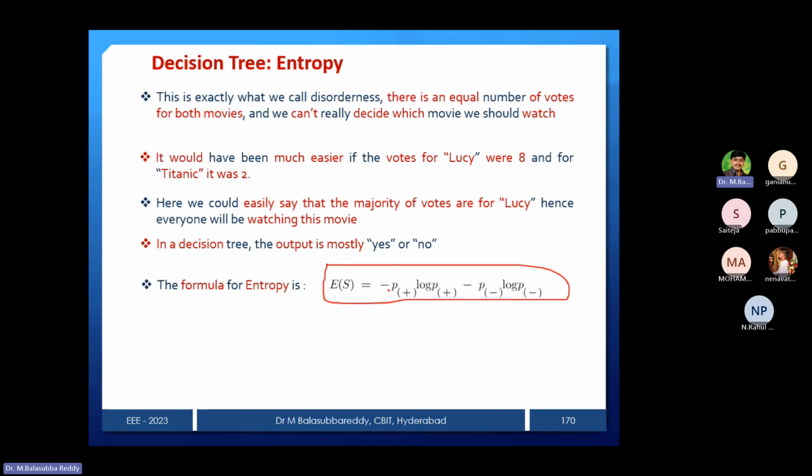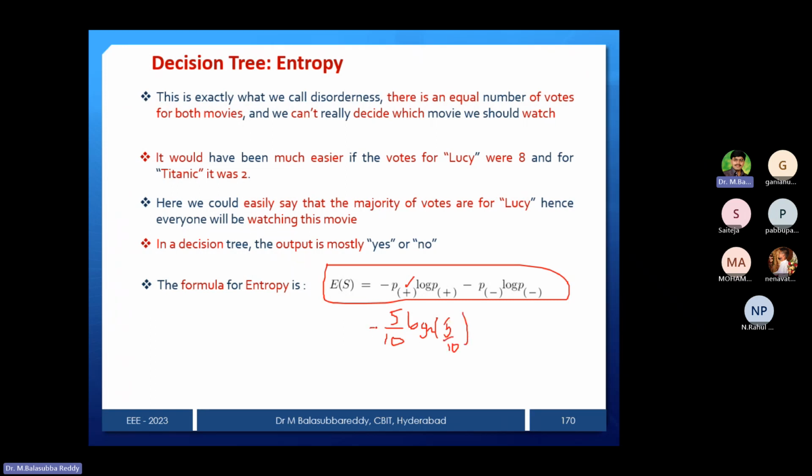Suppose the positive class probability is 5 out of 10. Then what can I write? This may be 5 by 10, times log base 2 of 5 by 10. This is the positive class, let us assume that.